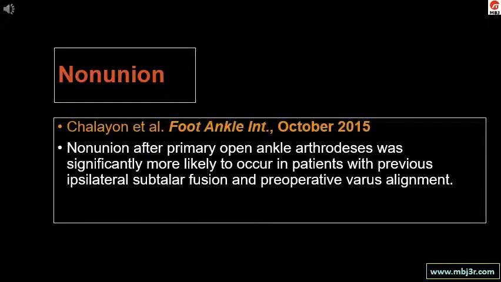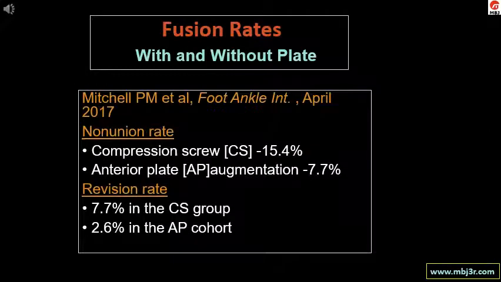The non-union after primary open ankle arthrodesis was significantly more likely to occur in patients with a previous ipsilateral subtalar fusion and a preoperative varus alignment. Comparison of ankle fusion rates with and without anterior plate augmentation. The non-union rate was 15.4% in the compression screw group and 7.7% in the anterior plate augmentation group.